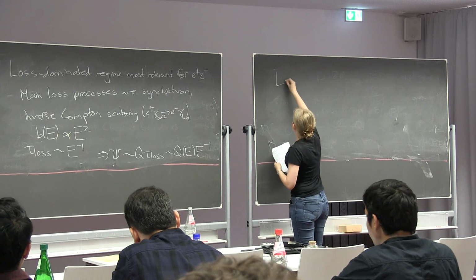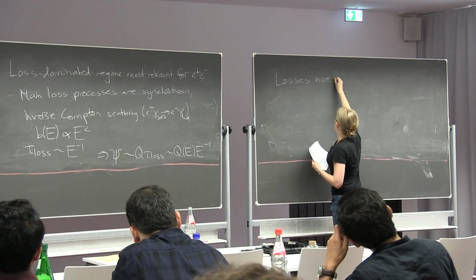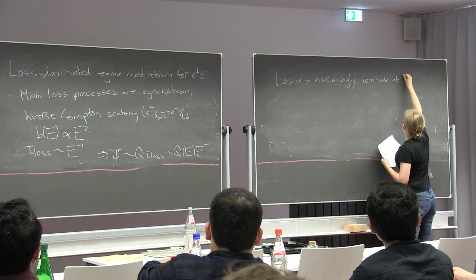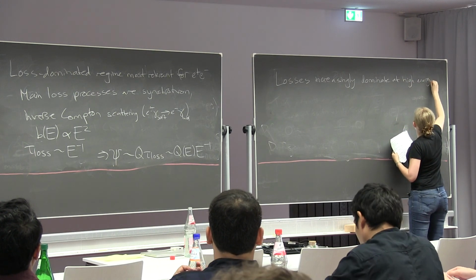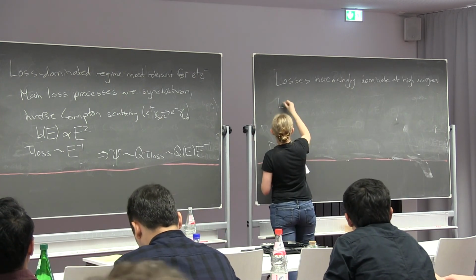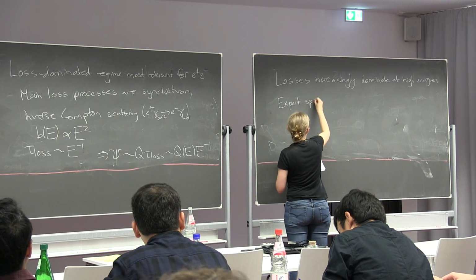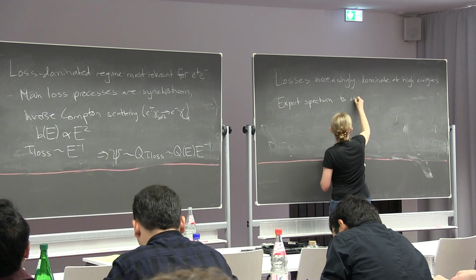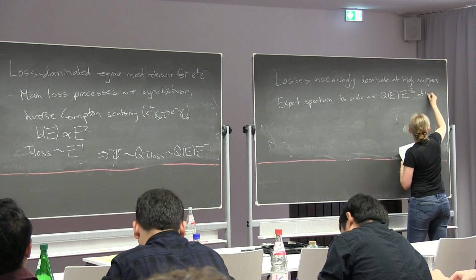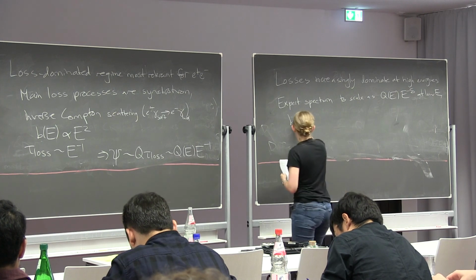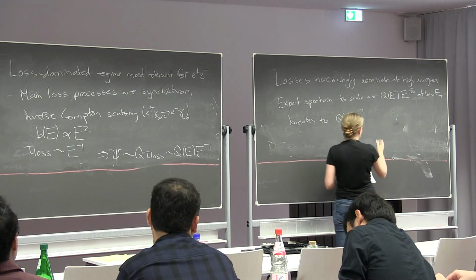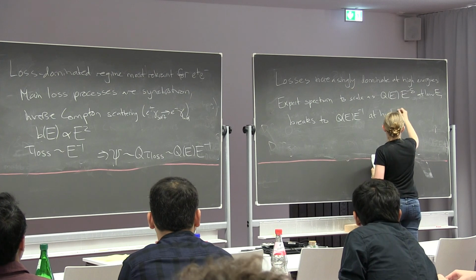So the sort of generic behavior is that you'll have a spectrum that at low energies you may expect diffusion to dominate, and then it breaks to a softer spectrum at high energies once losses dominate over diffusion.